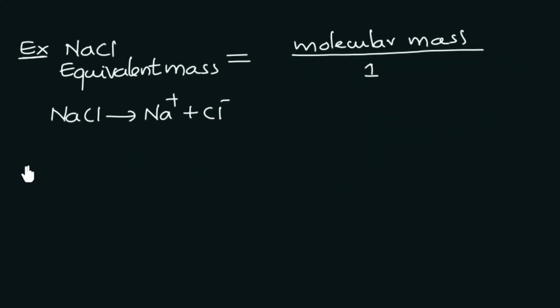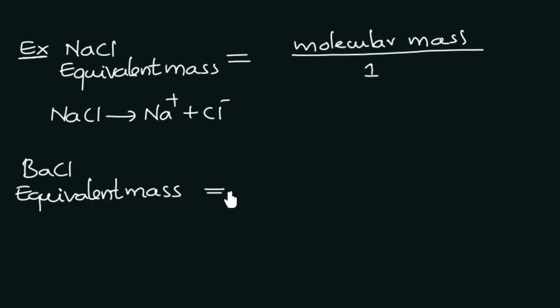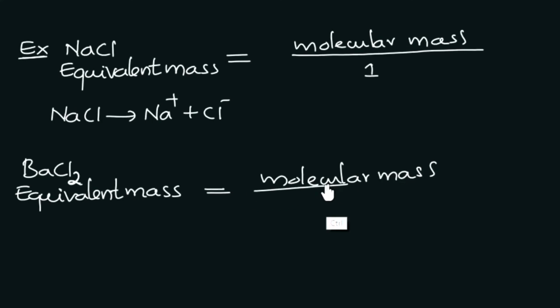Let's see some more examples. So barium chloride, BaCl2 equivalent mass, can be given here as BaCl2, students. Sorry for this. BaCl2, the molecular mass whole divided by how many positive and negative charges are there.